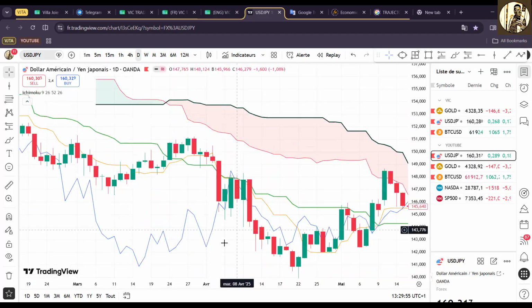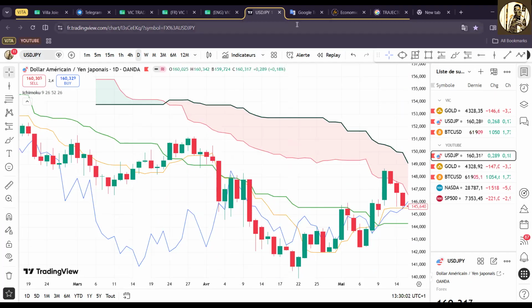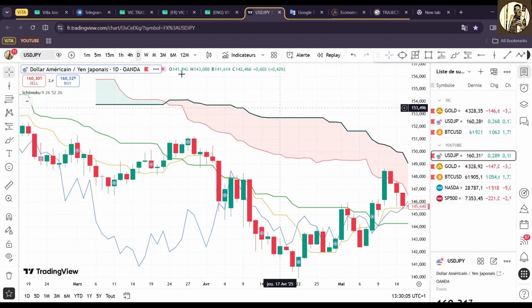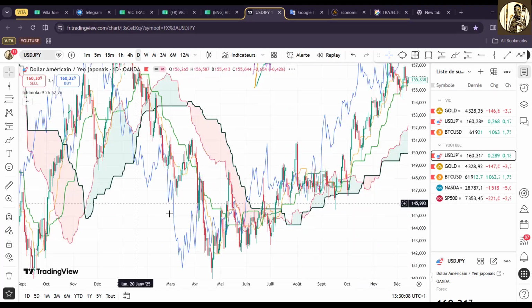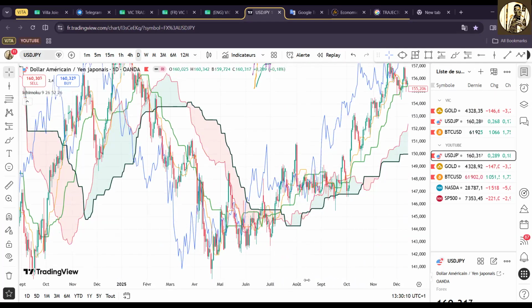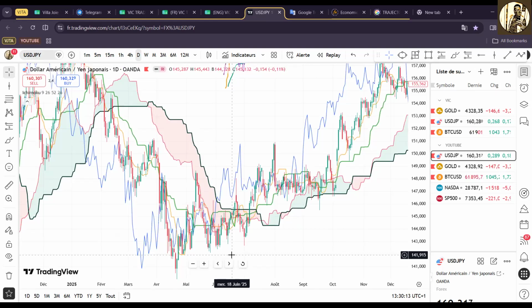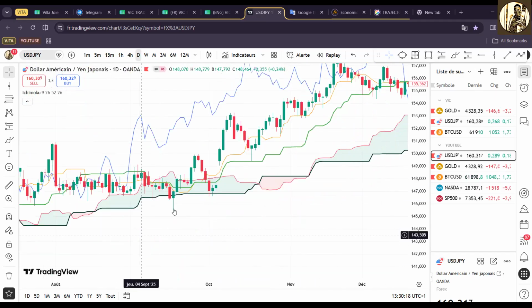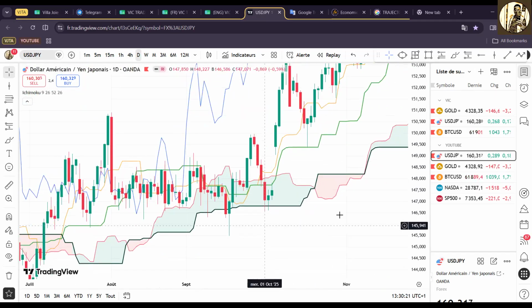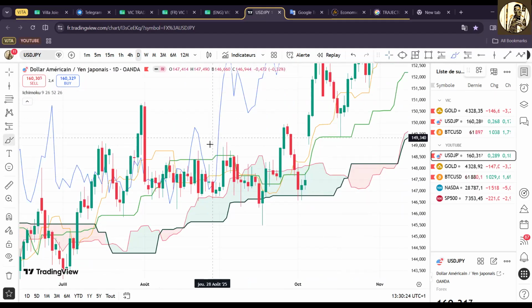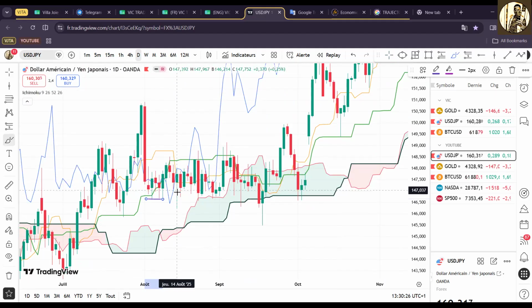So what I'm saying there is that when Kijun is touched here for the first time, and Tenkan is still bended to the downside, right?